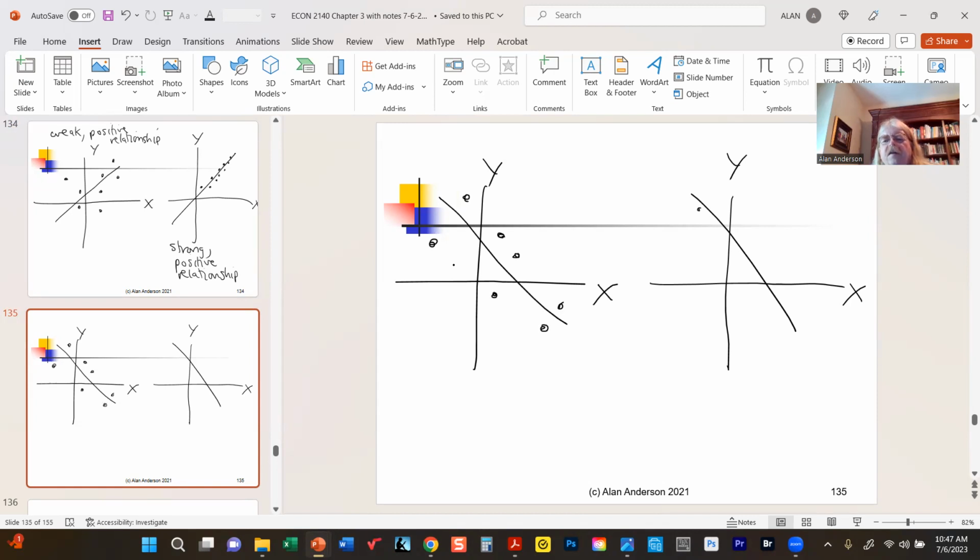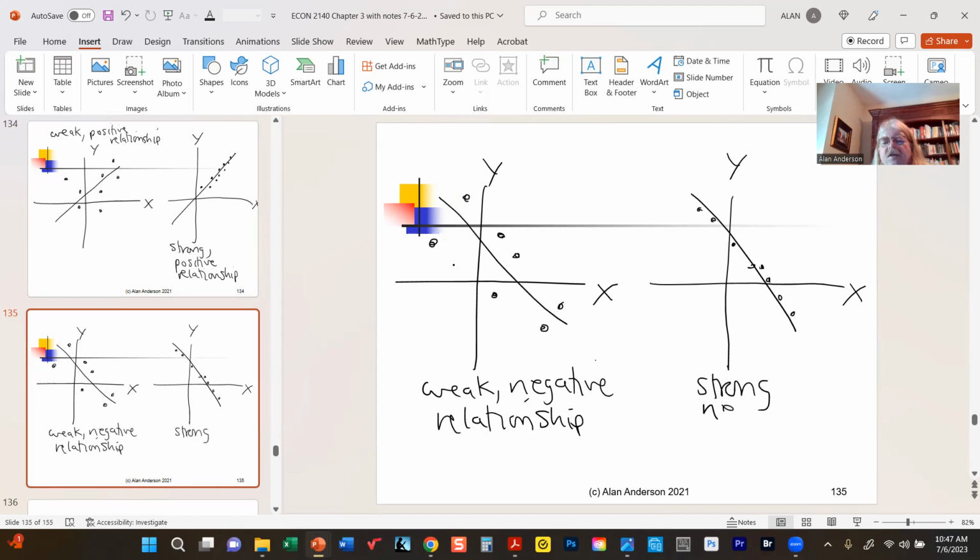Over here, they're very close. So on the left, we have what we would call a weak negative relationship. And over here, we have a strong negative relationship.